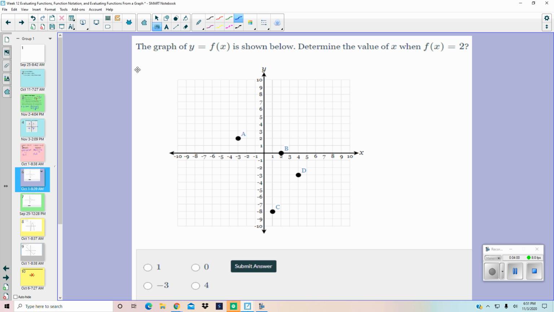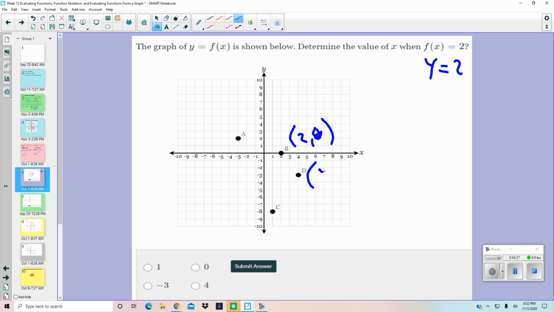on a graph. So here they're asking you to determine the value of x when f of x, remember f of x is the same as y. So when the y value is 2, what is the x value? So when I look at A, B, C, and D, and I'm looking at these ordered pairs, I can see that this ordered pair is 2, 0.